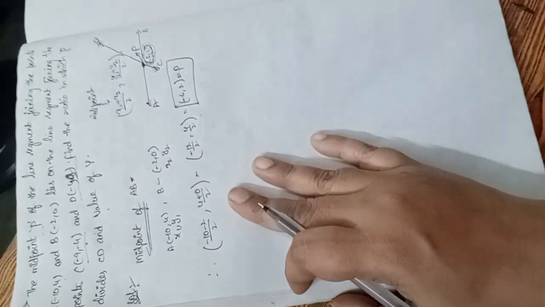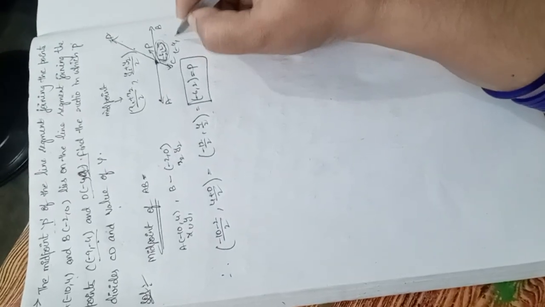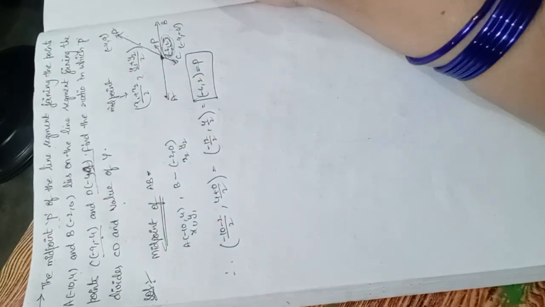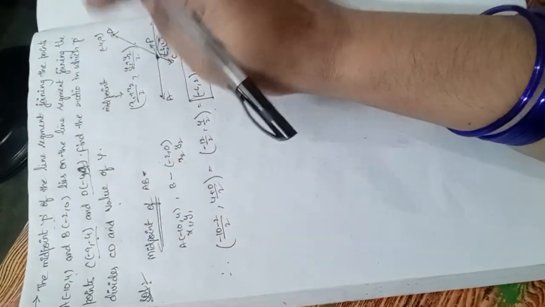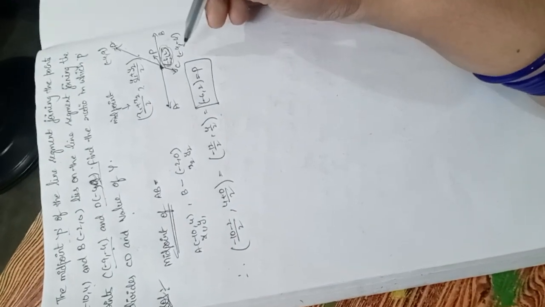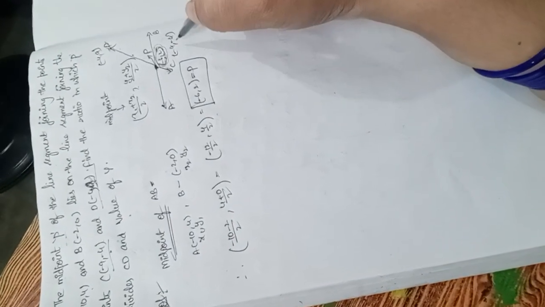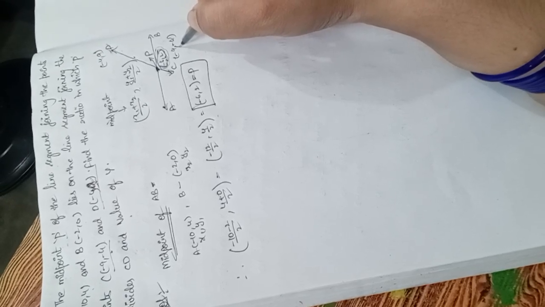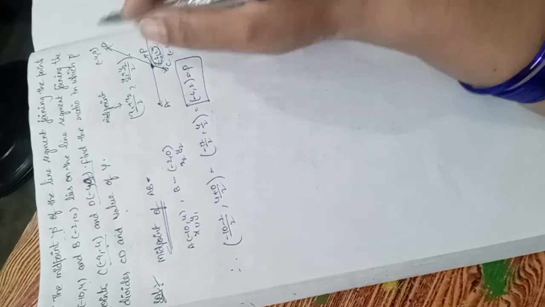Okay, so let us find that. C is (-9, -4), and D is (-4, A), I took. Now let us find the value of A first.